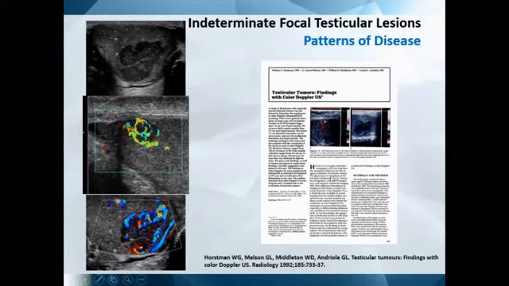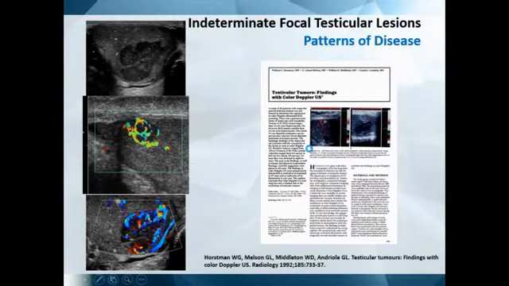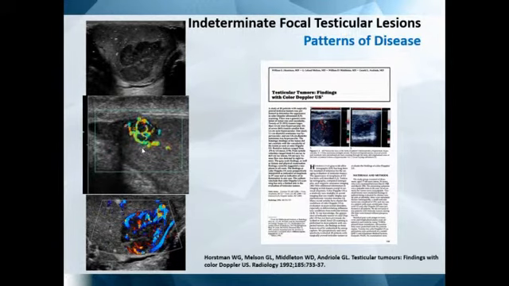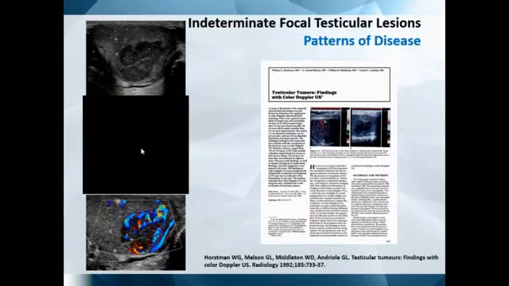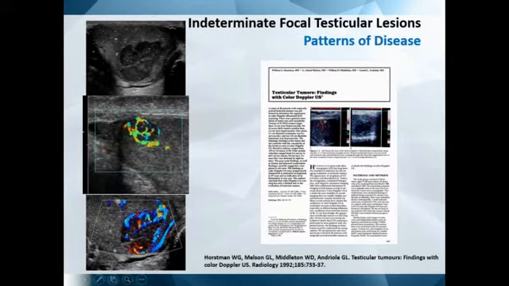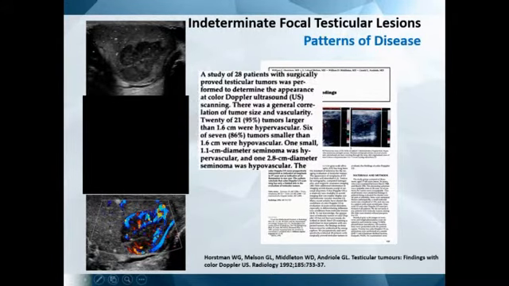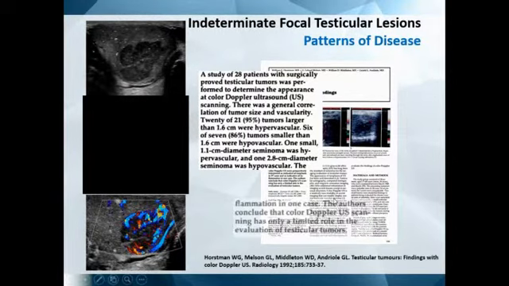And just also to draw your attention to this paper, which was published nearly 25 years ago, looking at just color Doppler of the testes to see whether this could be used as a marker for the presence of malignant disease. There has been no other paper looking at vascularity of focal tumours since then. And this was only 28 patients. Their conclusion was that colour Doppler ultrasound had only a limited role in testicular tumours.